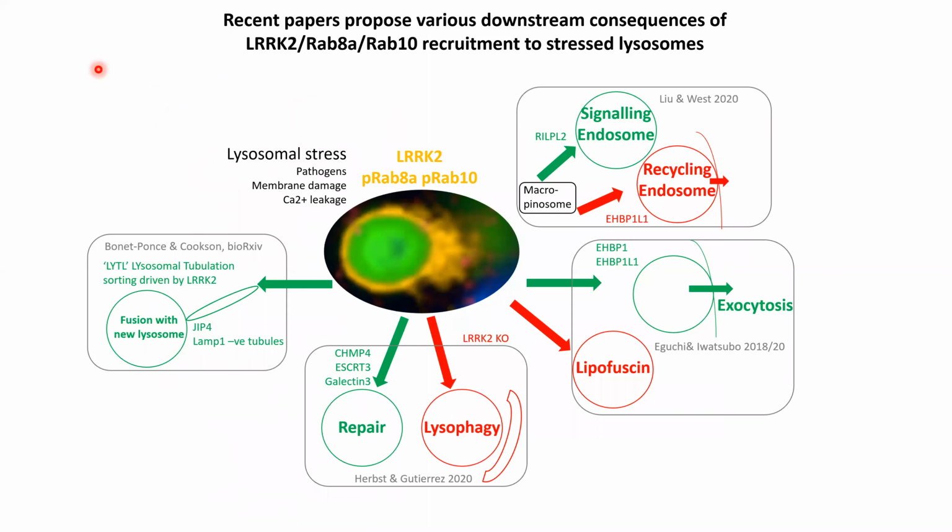We're not the only ones looking at this, of course, and people have looked, not in the same way at phagolysosomes specifically, but at lysosomal stress, which can be induced by things like membrane damage and leads to calcium leakage, and found a whole bunch of different downstream effectors of RAB8 and RAB10. So all of these pathways may be implicated in our model.